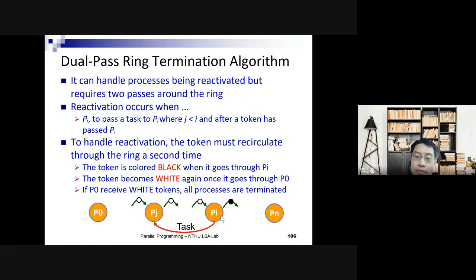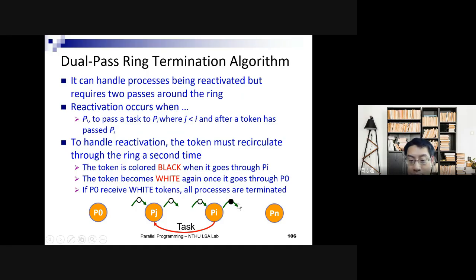Imagine if some process sends a message backward, there is a chance the receiver, like PJ over here, has already passed the token forward. That means PJ already declared it is terminated.